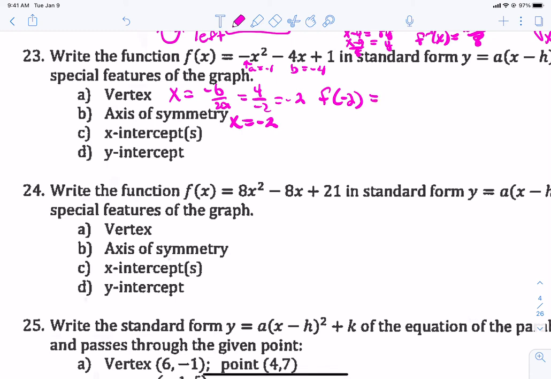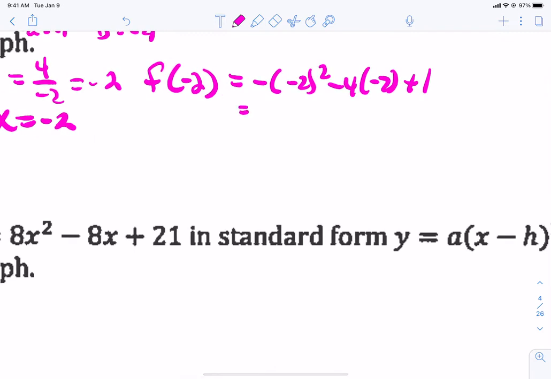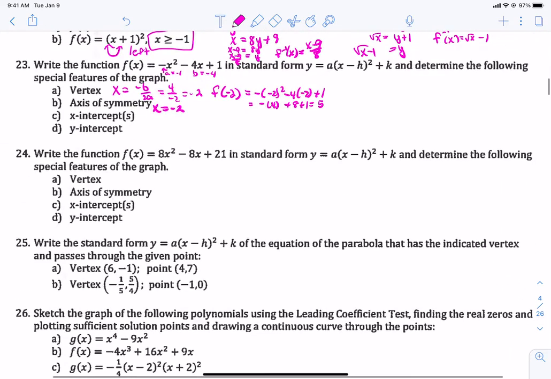Well, we get the opposite of negative 2 squared minus 4 times negative 2 plus 1. Which is the opposite of 4, plus 8 plus 1, which is 9 minus 4, or 5. So what we know now is that our vertex is negative 2, 5.